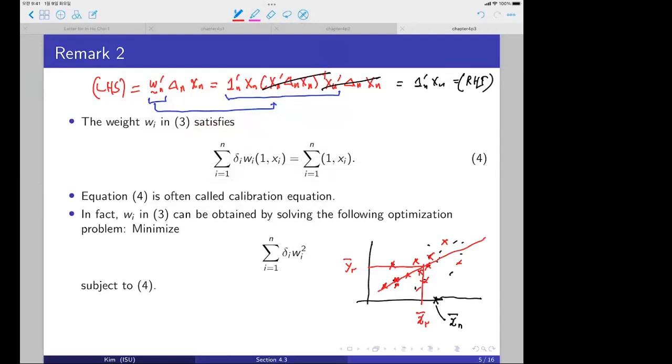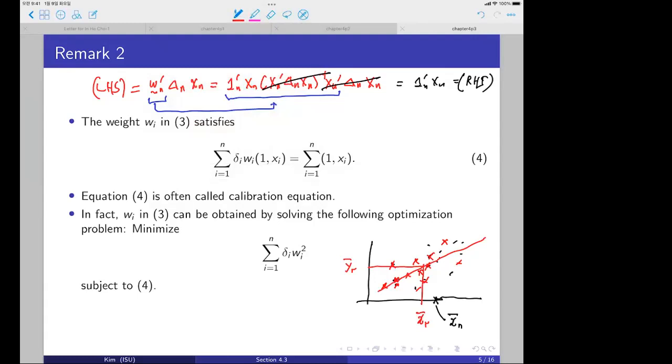But we already know that we over-select the small values, they are over-represented, because we know x bar n. My responders turn out to select the small x values.